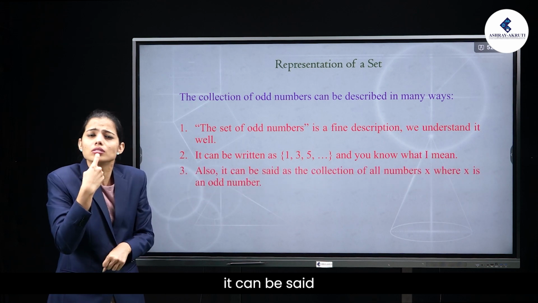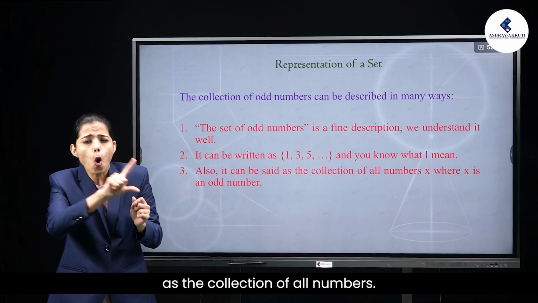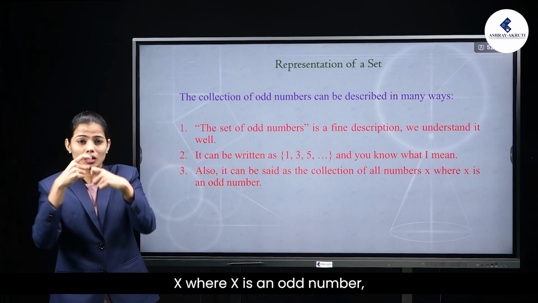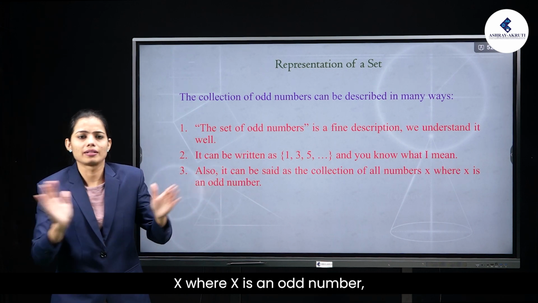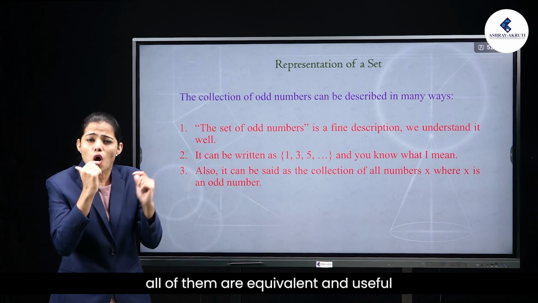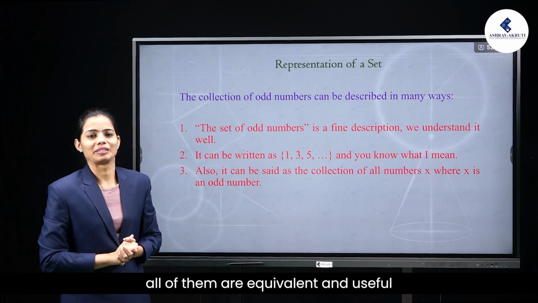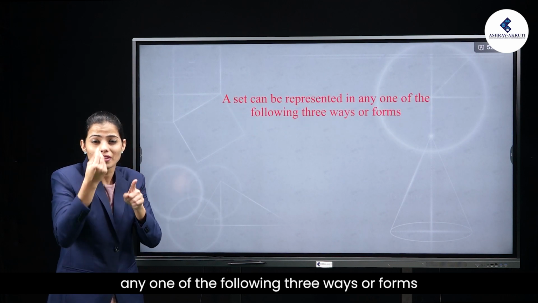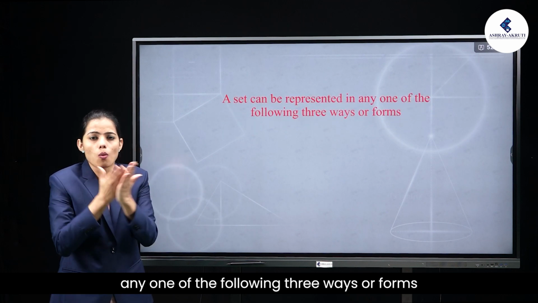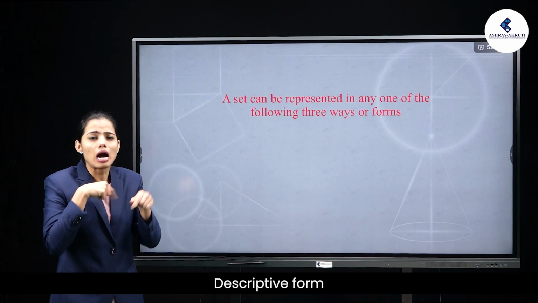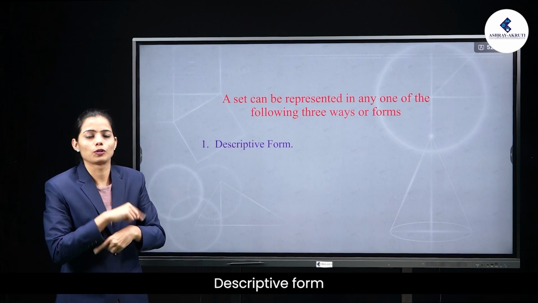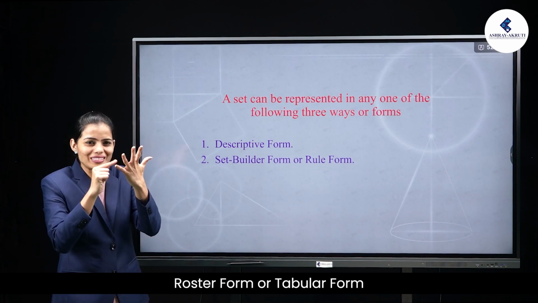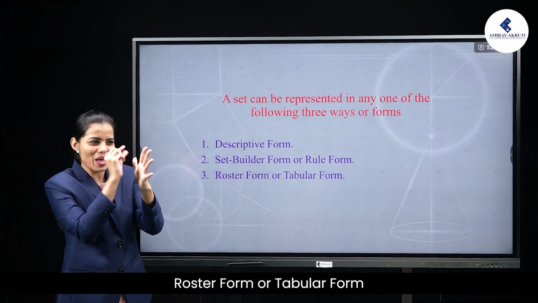Also, it can be said as the collection of all numbers x, where x is an odd number. All of them are equivalent and useful. A set can be represented in any one of the following three forms: descriptive form, set builder form or rule form, roster form or tabular form.